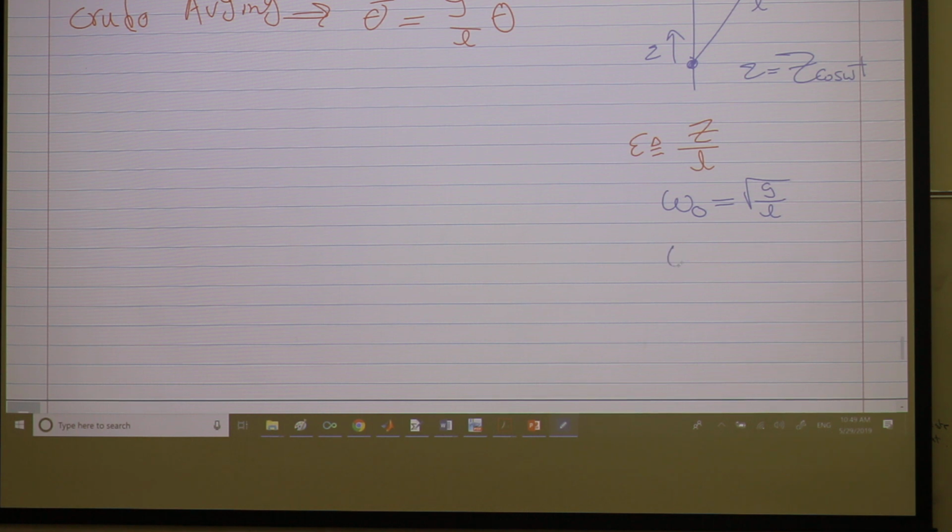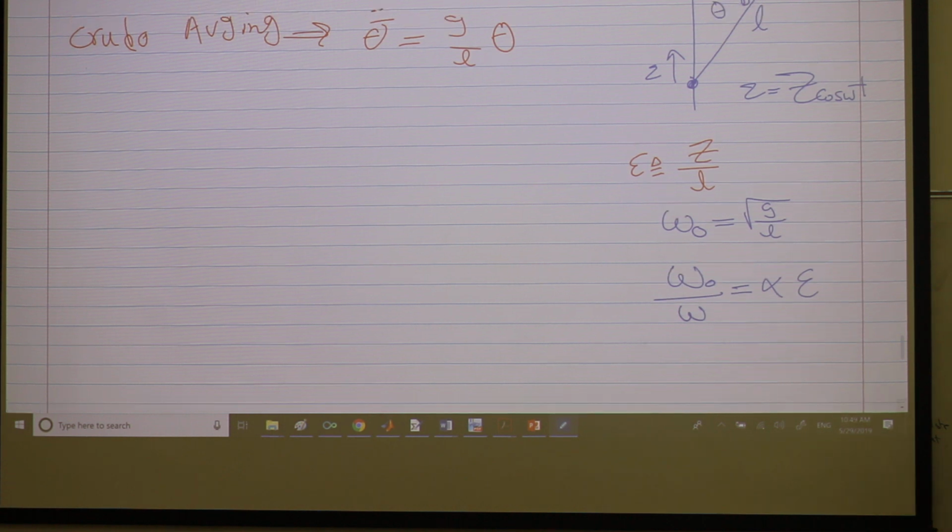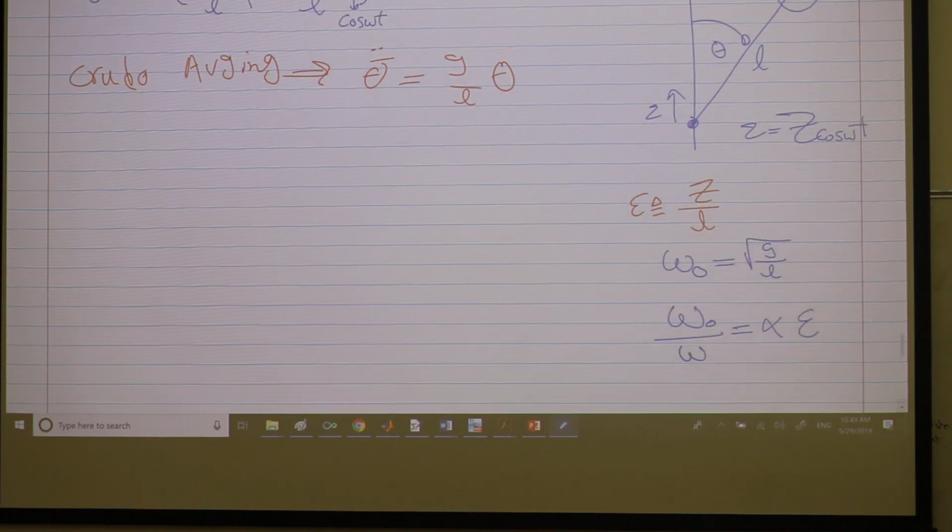So omega over omega naught should be scaled with 1 over epsilon. Let's write it as delta over epsilon, just to match what is in my mind.